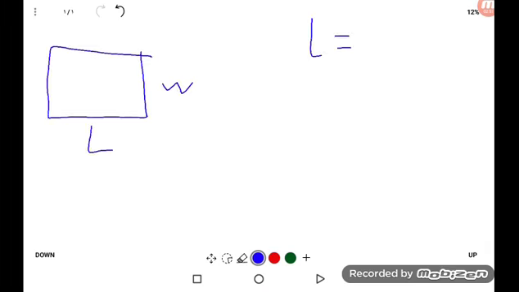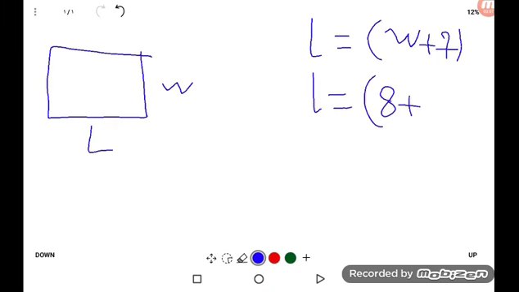So we have the width, the length is equal, so the width is equal 8, so 8 plus 7 is equal 15, so the length is equal 15 and the width is equal 8.